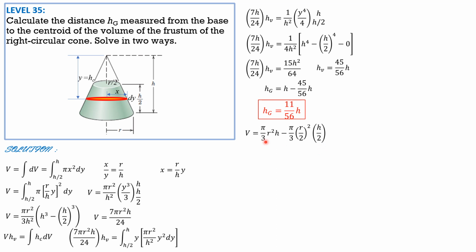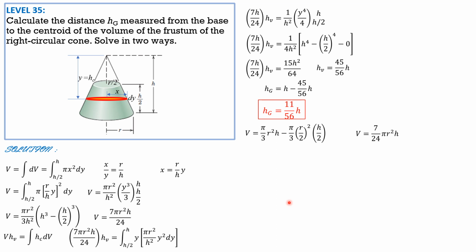If we simplify this, the volume of the small cone is pi r squared h over 24, because this is 3 times 4, 12, times 2. So 1/3 minus 1 over 24. Again, the volume of the small cone, this cone here, is pi r squared h over 24. So 1/3 minus 1/24 is 7 over 24 pi r squared h, which checks the volume here.